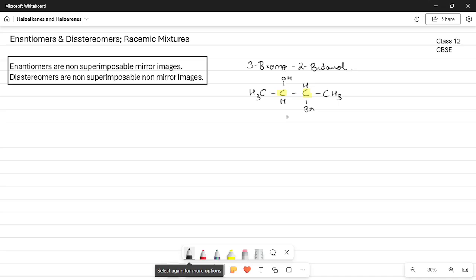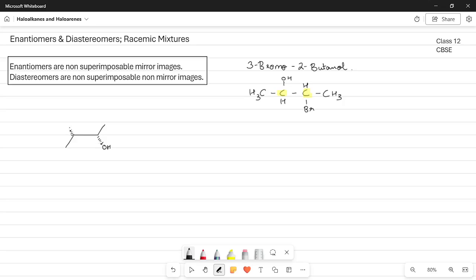So, let's start with drawing the structure of the 3-bromo-2-butanol. So this implies there's a second carbon, there's a third carbon. And both these carbons have the substituents going behind, right?